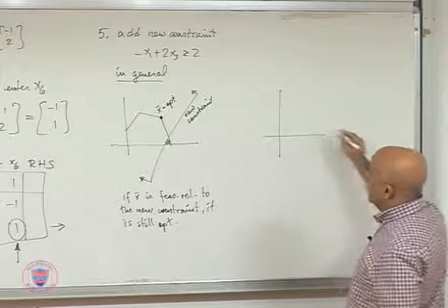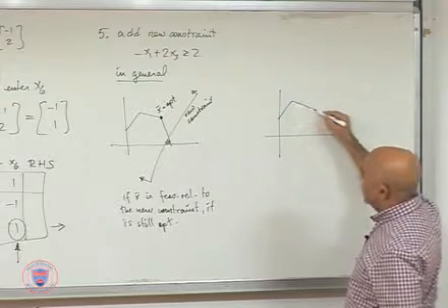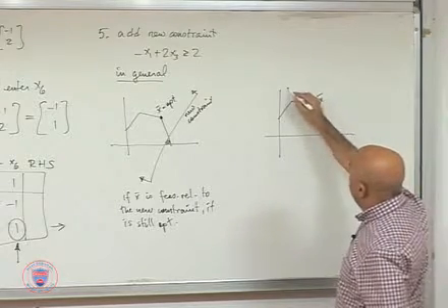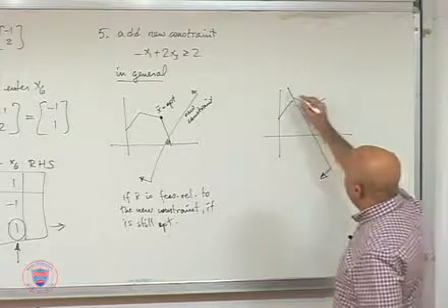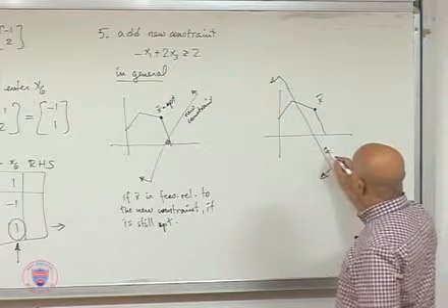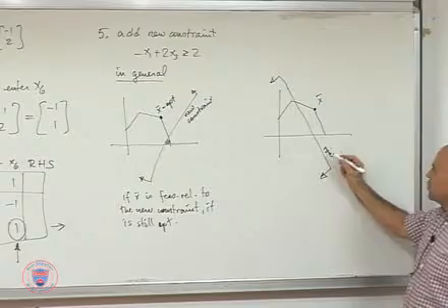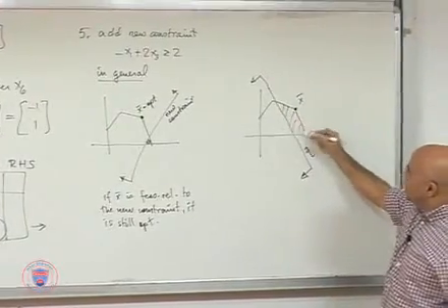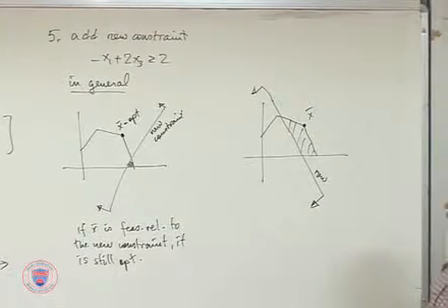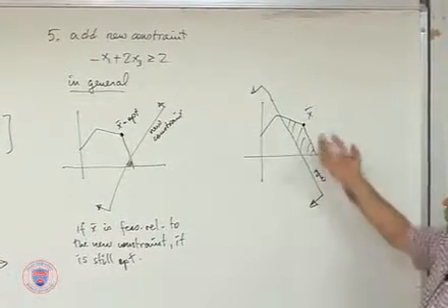The other possibility is, of course, the case when you have the optimum being chopped off by the new constraint. This is the new constraint, and a certain part of the feasible set is cut off, and it includes also x bar.